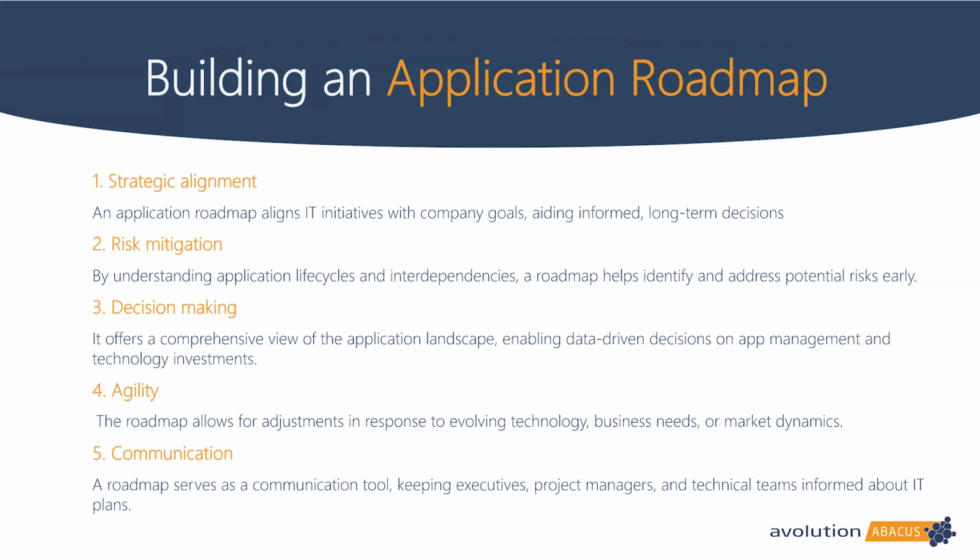It's not doing it really just to understand what we have. It's how do we use that information going forward? And roadmaps really help us get that kind of strategic alignment. What we're trying to achieve, are we trying to reduce costs, improve customer satisfaction, reduce the vulnerabilities or security risks that we have? Let's build a roadmap tailored for those use cases.